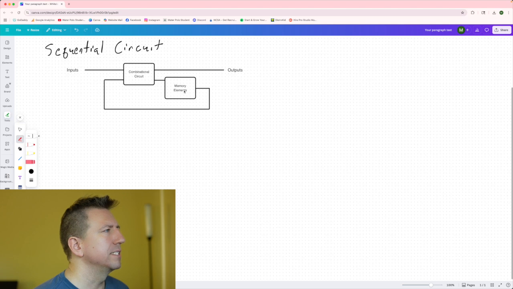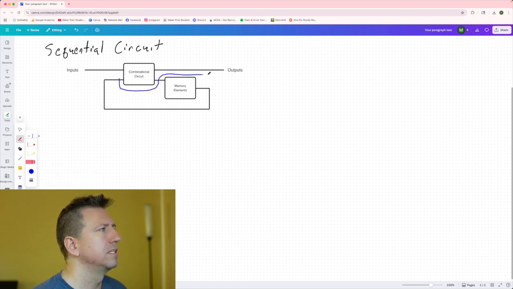But now we have this internal memory, and so these memory elements will hold a state, or a set of variables that we are storing, that will affect the output. It'll feed back into some combinational circuitry, and with the inclusion of the inputs and the state, that will affect the output.